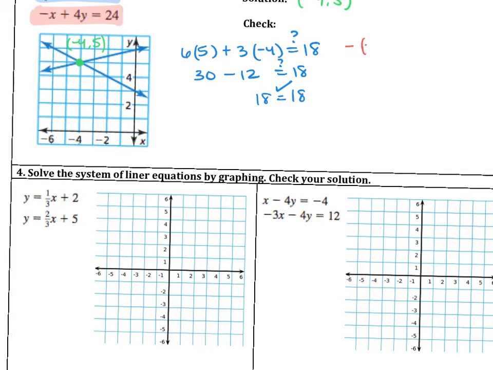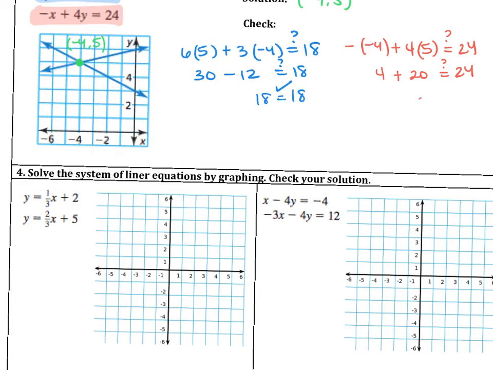Negative x, which is negative 4, plus 4 times y, which is 5, equals 24. This is a positive 4 plus 20 equals 24.